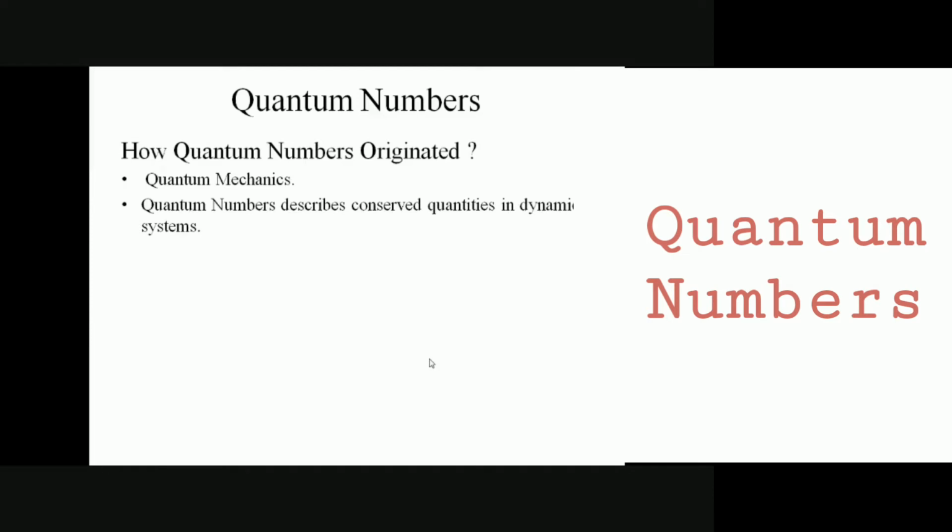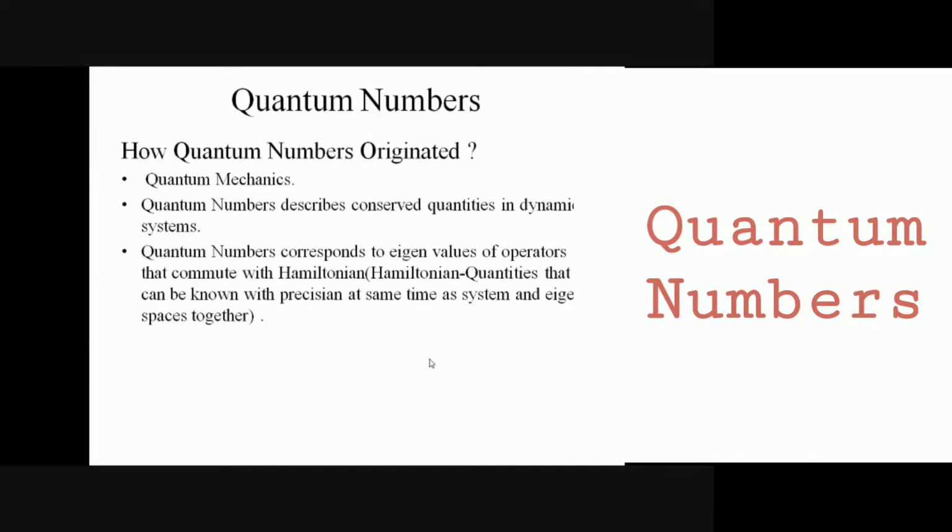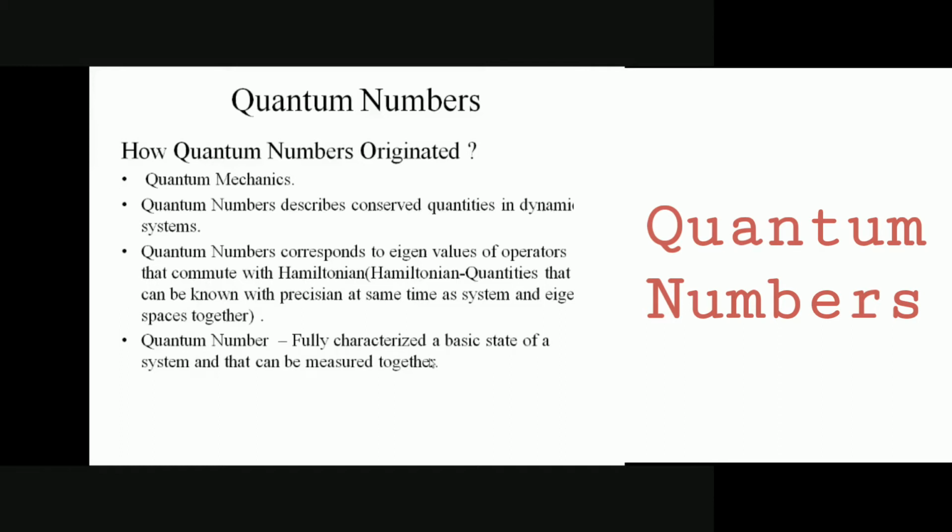So this gives an important quantity in the dynamic system, and these are determined by operators such as the Hamiltonian operator. Then it gives a characterized state of that system: how the system has its energy level, how it is oriented, and how it has various motions.